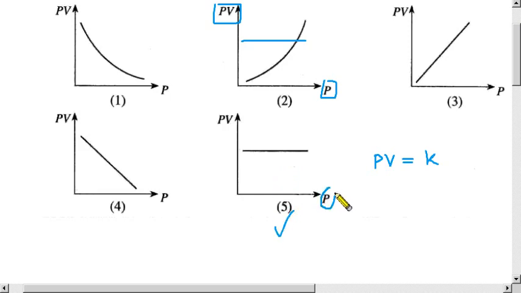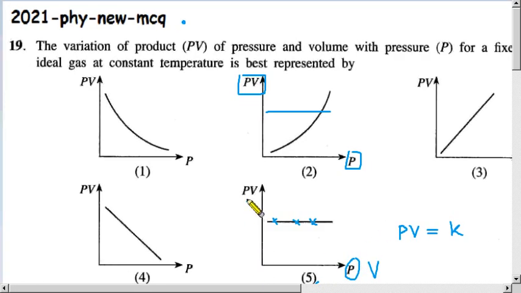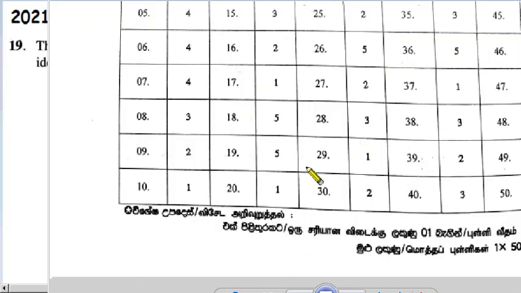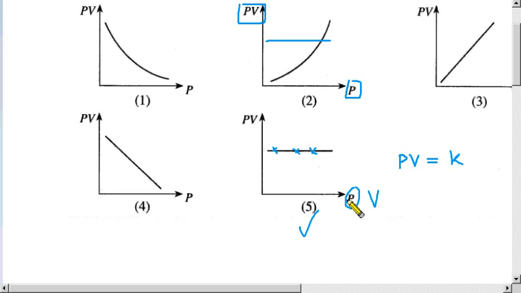Even if you take V on this axis, it doesn't matter, because PV multiplication must be constant like this. So the answer is the fifth one. Very easy problem. Question number 19, fifth one. Yes, PV multiplication is constant.